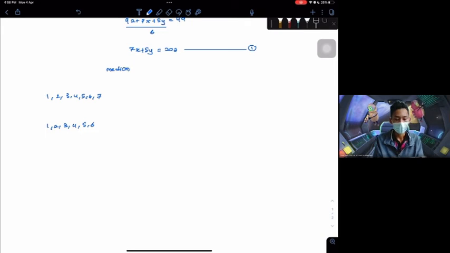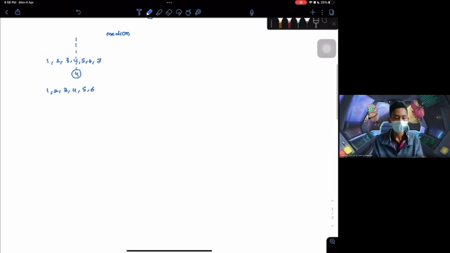When we have 7 data, the median is in the middle, so we choose 4 as our median. But when we have 6 data, we have 2 middle values, here 3 and 4, so our median should be in between. This is the same as our question here. Because we have 6 data, we need to do 3 plus 4 divided by 2.